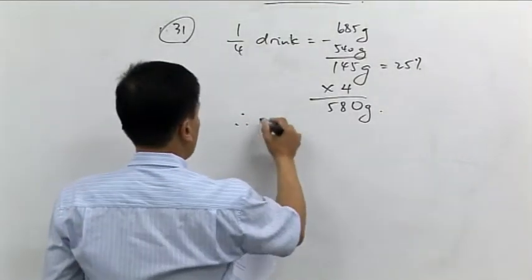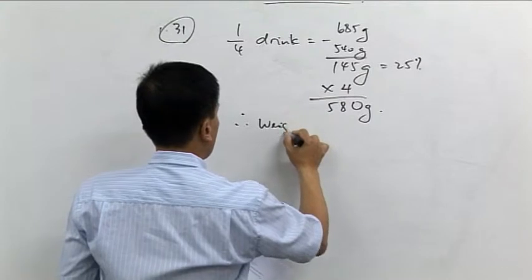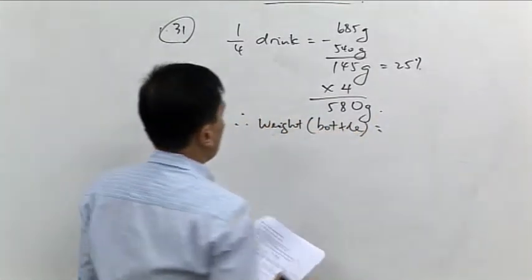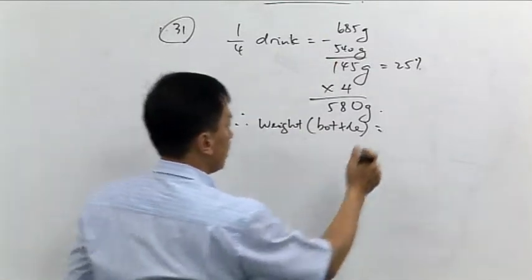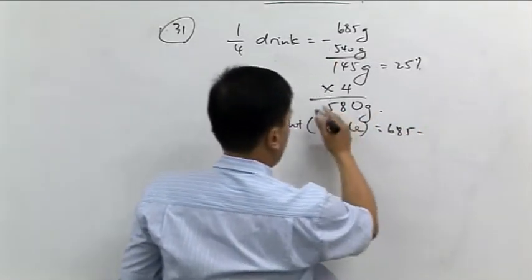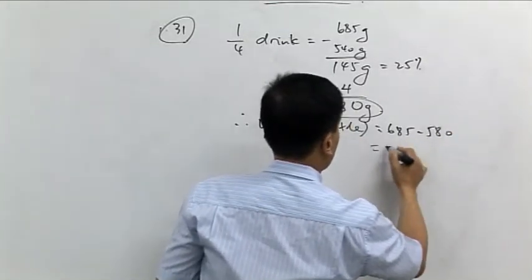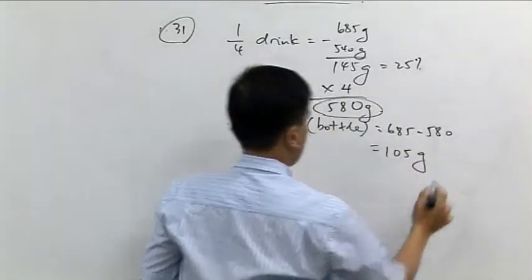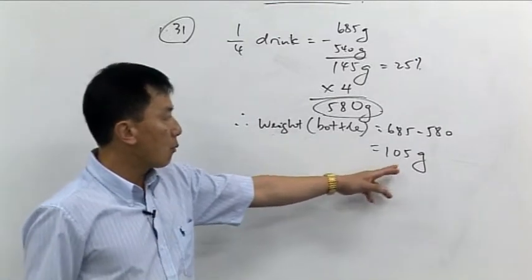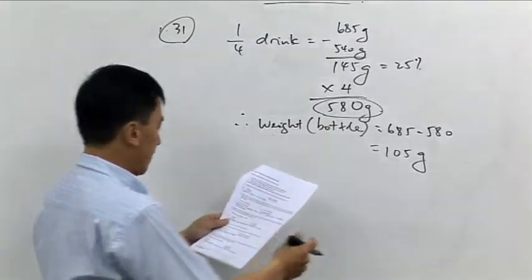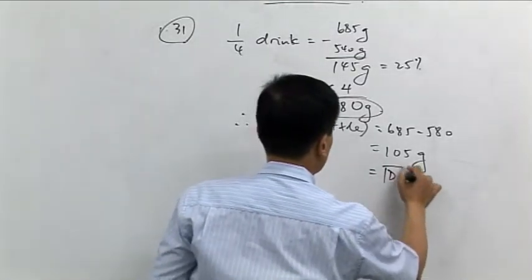So therefore, the weight of the actual bottle itself will be the total weight, which is 685, minus the weight of the drink, 580. That would give us 105 grams, which is just the weight of the bottle itself. Okay, so in this case, the answer is going to be D.